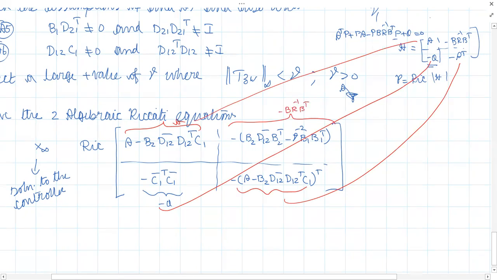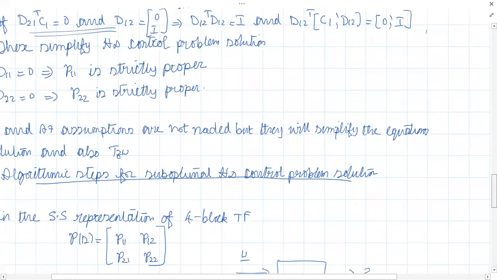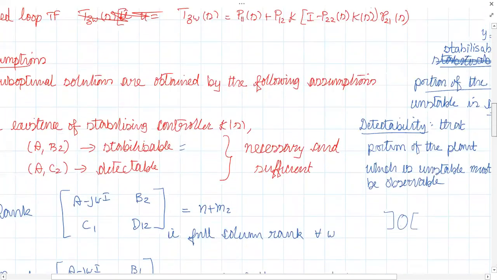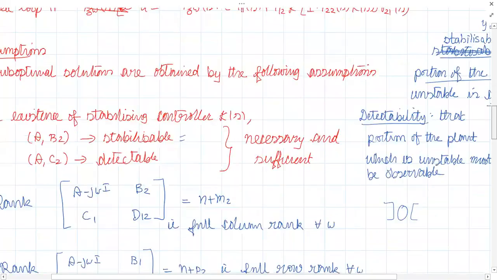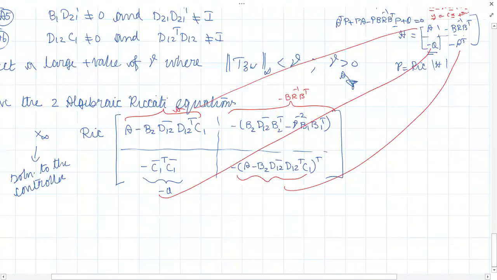So this was for the simple case where we had x dot equal to ax plus bu and y equals cx plus du. But keep in mind for the present problem we have two inputs and two outputs. There are two inputs w and u and two outputs z and y. That is why it seems to be a bit complicated.